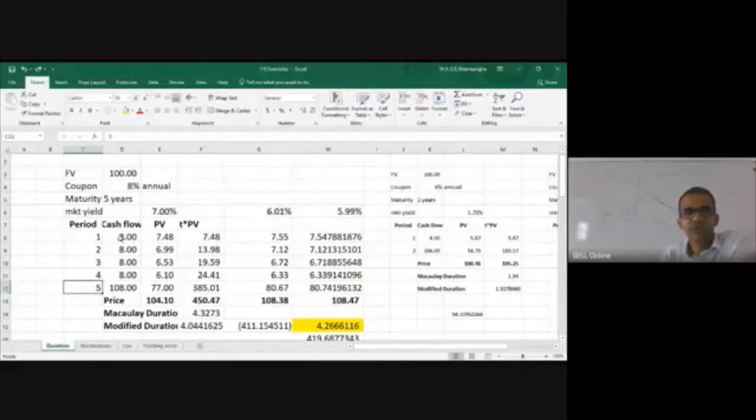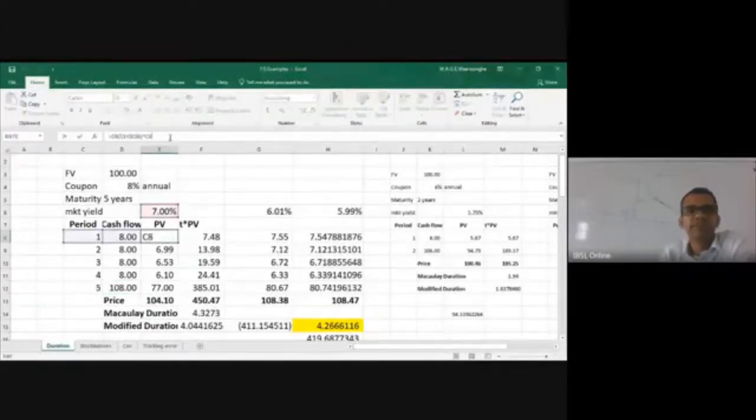Then the cash flow: if the face value is 100 and the coupon is 8%, every year you get 8 rupees. And in the 5th year, on the maturity date, you get 8 rupees plus the 100 rupees face value. Then we can calculate the present value.